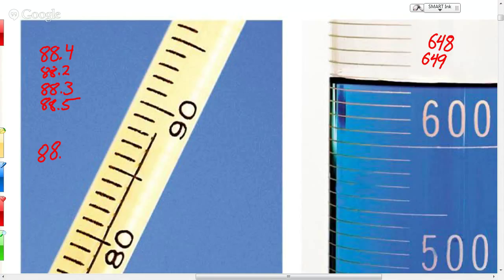What if it's a digital readout, like on a balance? What do you do about it on a digital readout? Any idea? Round? Well, you don't want to round because then you're limiting yourself on some precision. That's a good idea, though. But actually, on a digital readout, that uncertainty should be built in. So if a balance says 1.234, that last 4 is already uncertain.